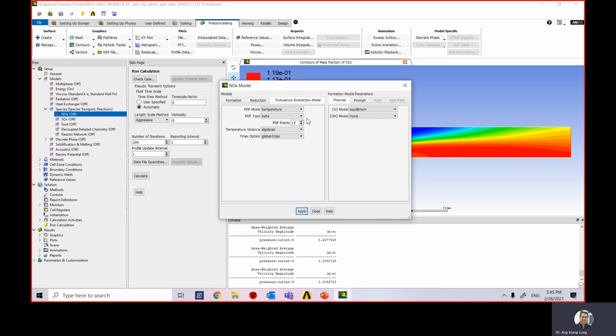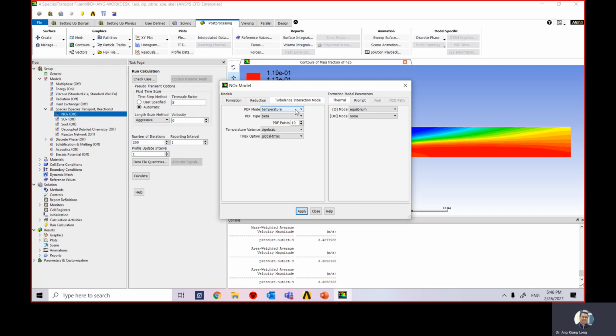Now what does this do to your calculation? If you enable the temperature PDF mode, it will enable the turbulent chemistry interaction to happen. If the turbulence interaction is not enabled, you will be computing the pollutant formation without considering the important influence of turbulence fluctuation in the time average reaction.